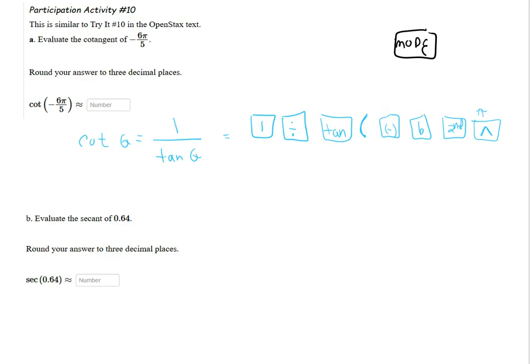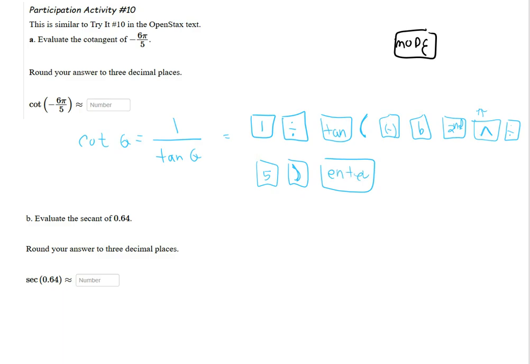And then I'd have to hit the division sign again, and then type in the 5. Then I would close my parenthesis and hit enter. That should work.